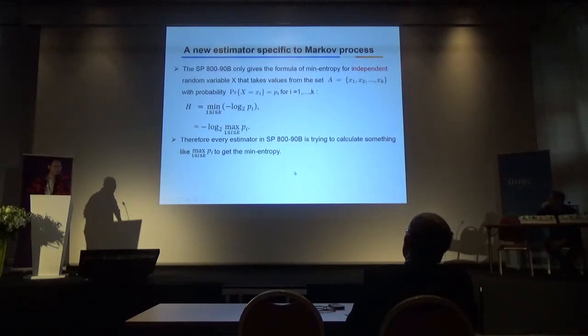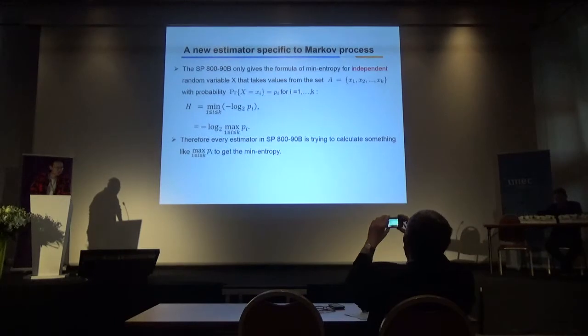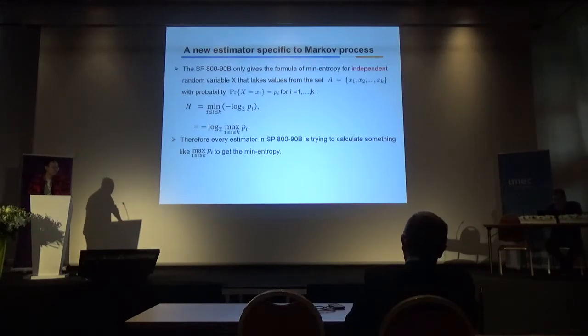And we suppose that the existence of these flawed estimators is due to the following reason. The NIID only gives a formula of mean entropy for independent random variable x. And every estimator in NIID is trying to calculate something like max pi to get the mean entropy.